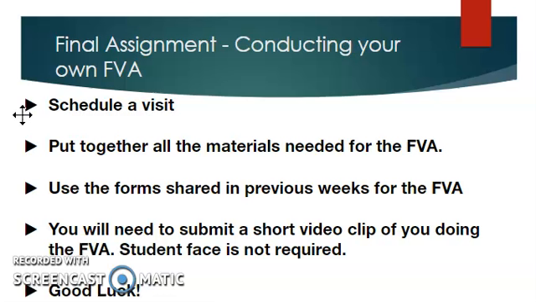The second step, put together all the materials needed for the FVA. You had already written about an FVA kit. You do not need to buy all the materials, but specifically go through your student's medical background.